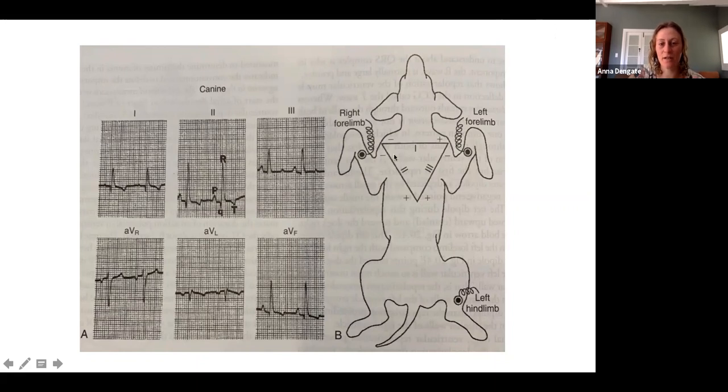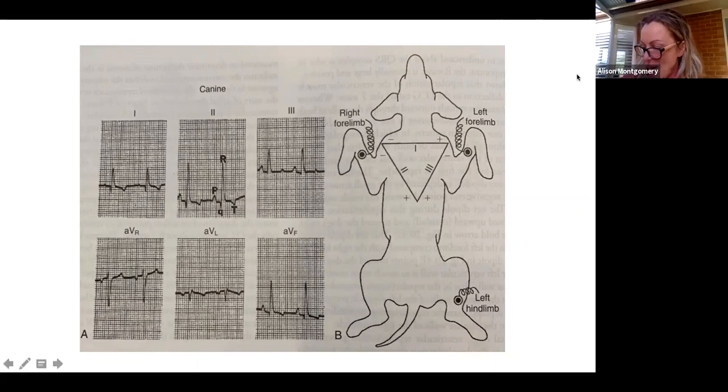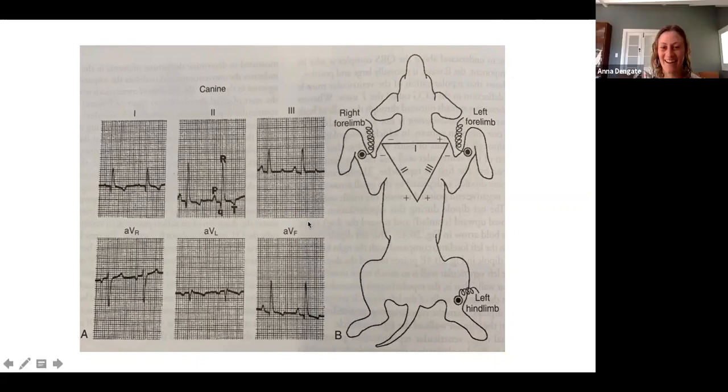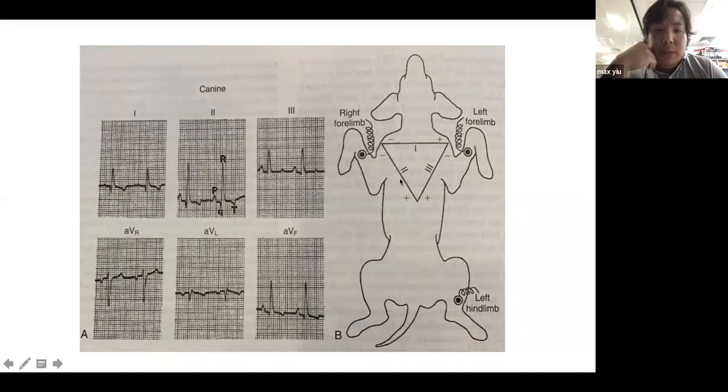If you've got a signal being generated, an action potential, in the AV node or the bundle, what will the QRS complex look like? It'll be the same. Yes, exactly right.